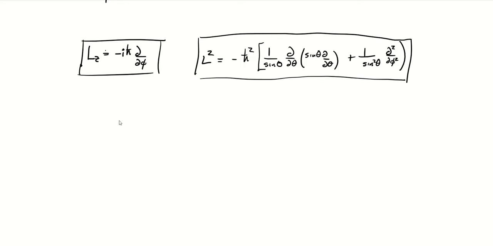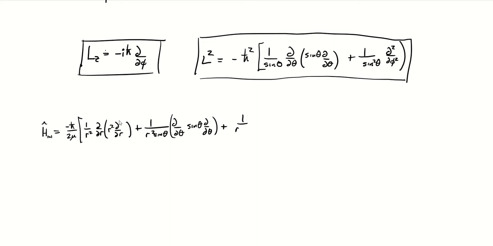So continuing on with that, let's think back to what that relative Hamiltonian we derived last video was. We get negative h bar over 2 times that effective mass, and then we had the Laplacian, which was 1 over r squared partial r, r squared partial r, plus 1 over r squared sine theta partial theta sine theta partial theta, plus 1 over r squared sine squared theta partial phi squared.